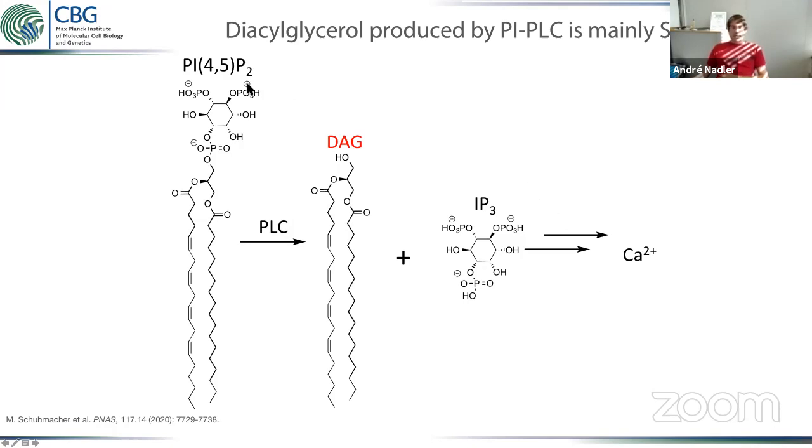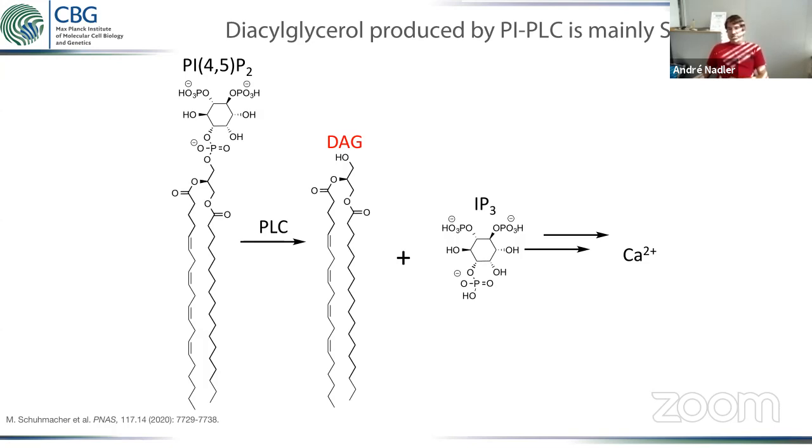Now, you keep in mind that physiological diacylglycerol is generated by action of phospholipase C on PIP2. And the typical resting state fatty acid composition of PIP2 is heavily skewed to species that are highly unsaturated, like the stearyl arachidonyl species that I've been talking about so much in the last minutes.